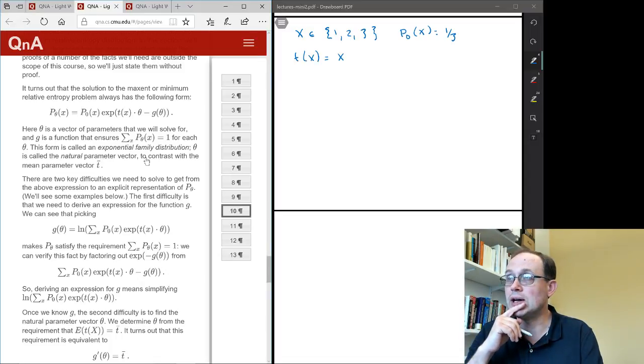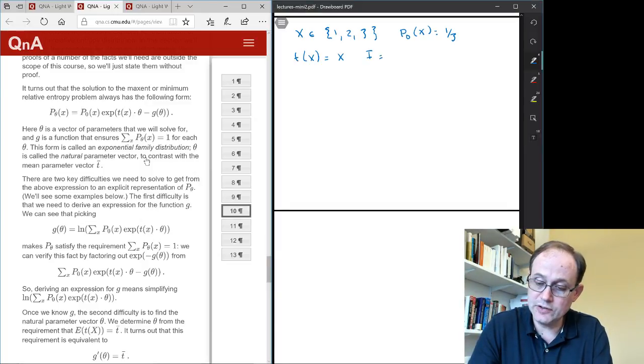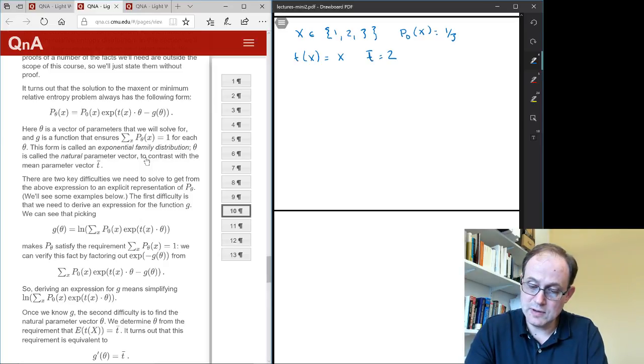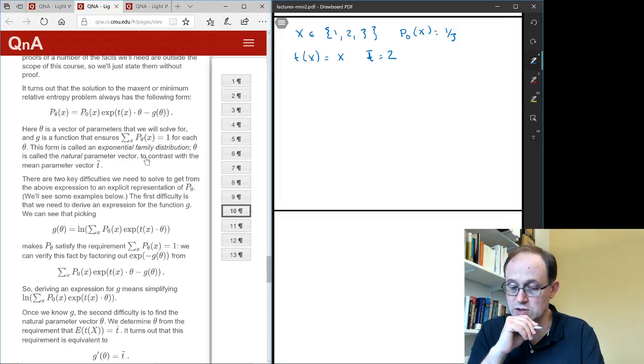Let's say that we would like to have t bar be just 2. So we're going to try and find the maximum entropy distribution subject to the constraint that t bar is 2.